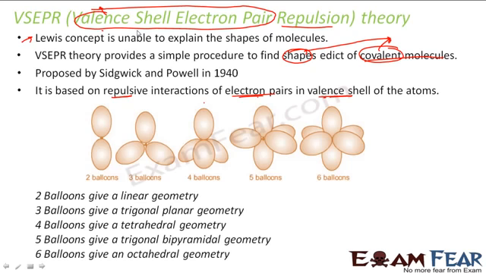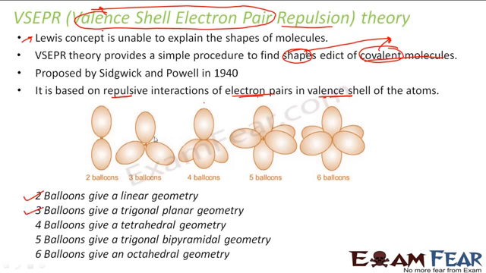And it is pretty clear with these balloons we have. So you have two balloons. The balloons will try to become a linear shape because there are only two balloons. If you have two balloons of the same size and try to bind them, they will take a linear shape. If I have three balloons, they will take a trigonal planar shape.